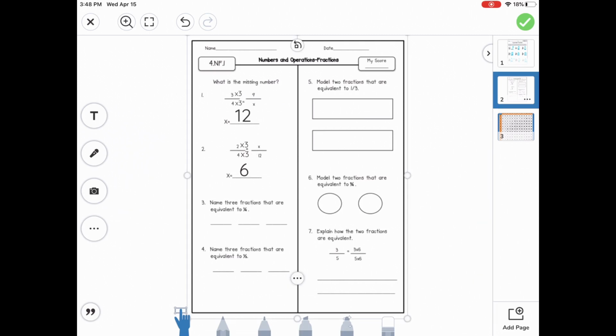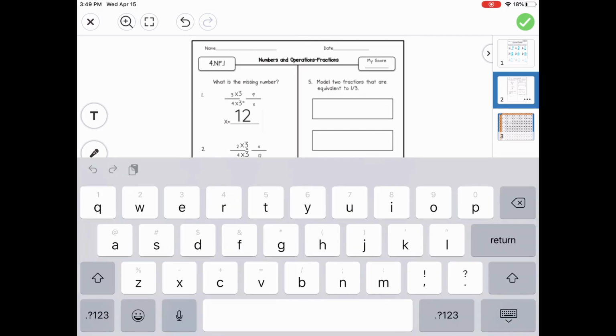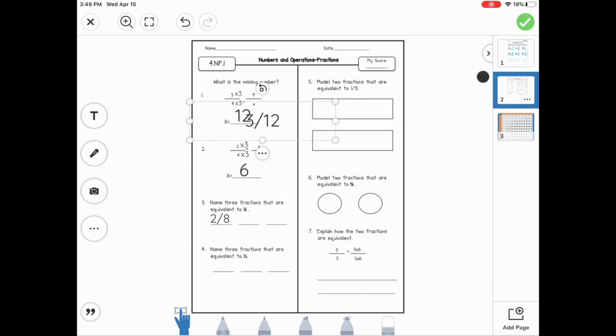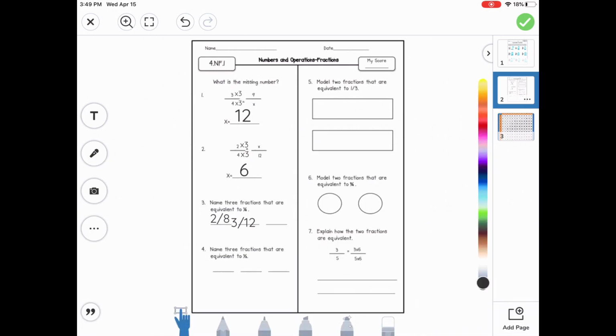The next question asks for 3 fractions that are equivalent to 1/4. I think I'll begin by multiplying 1/4 by 2. Instead of multiplying my 1/4 by 2, I think I want to multiply 1/4 by 3. One times 3 is 3, 4 times 3 is 12.